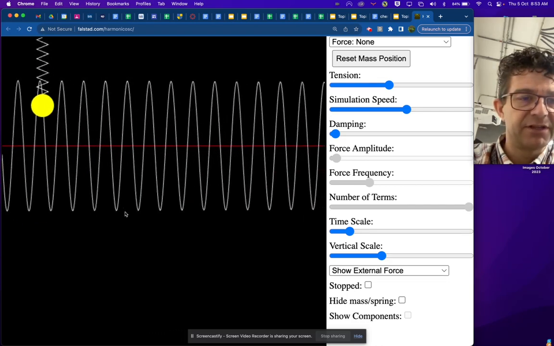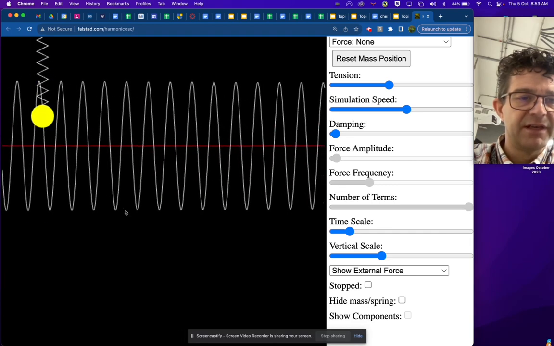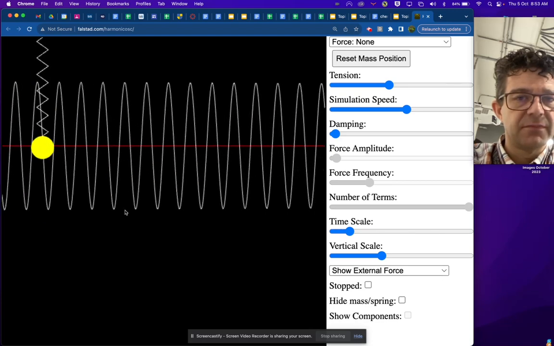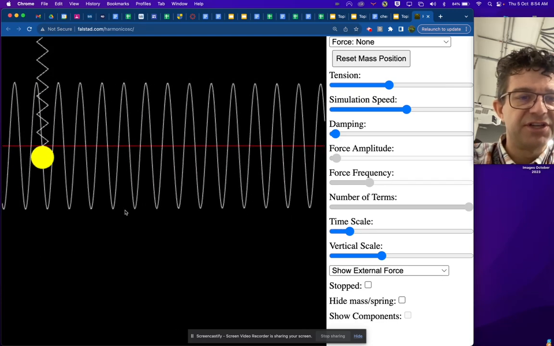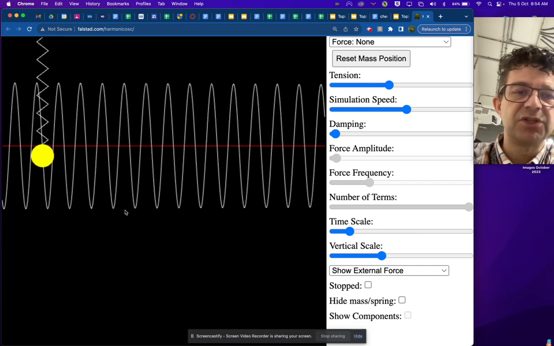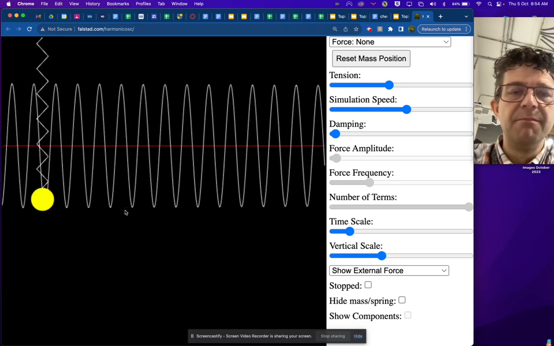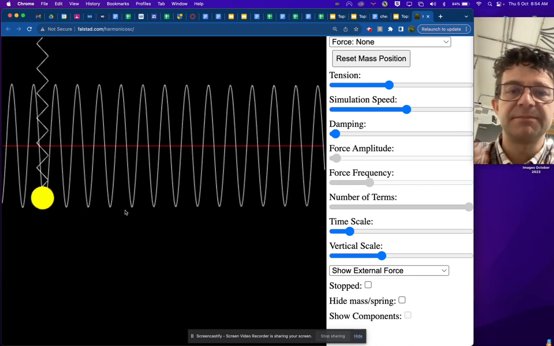Let me put my mouse here at the bottom of one of these, and you have to wait for many cycles to even see the change. You can now just barely see that there's space between the mouse cursor and the minima of those oscillations.